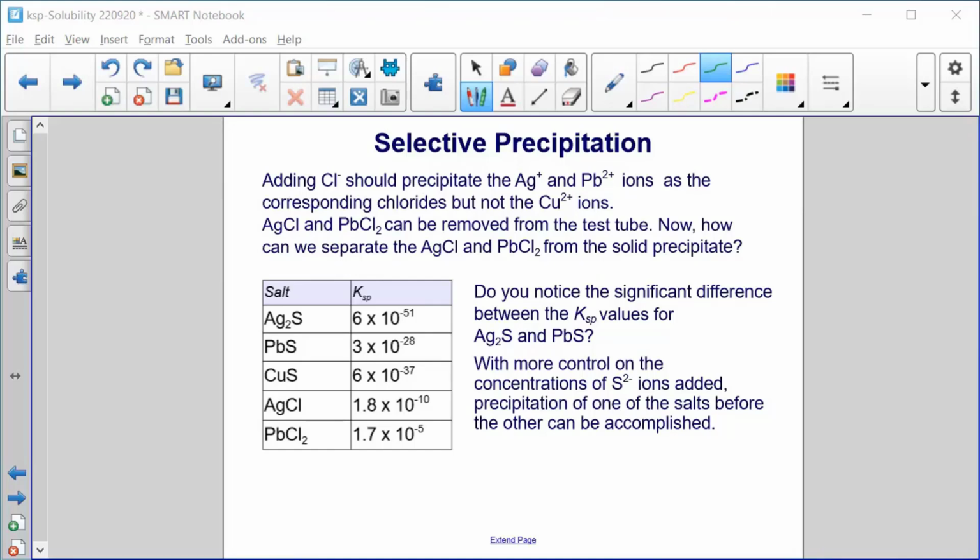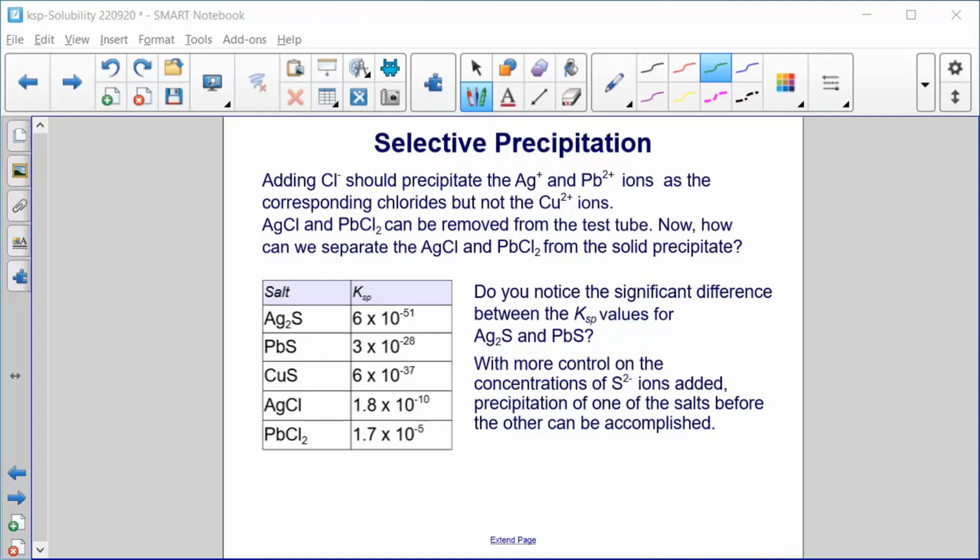Because copper is still soluble in a chloride containing solution, it will remain in the solution and the silver and the lead will precipitate out. Silver chloride and lead 2 chloride can be removed from the test tube. Now, once they're removed, how can we separate the silver chloride and the lead chloride from the solid precipitate?